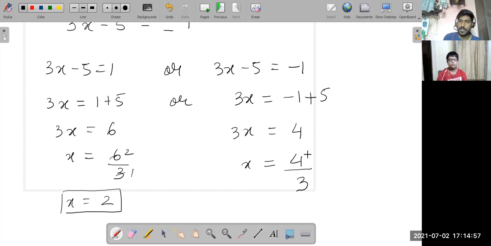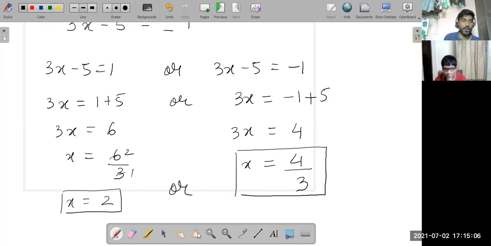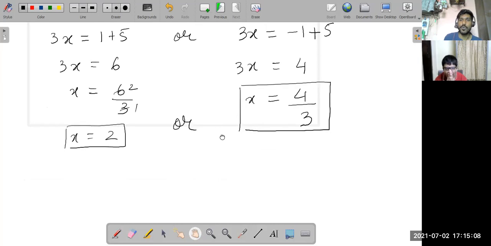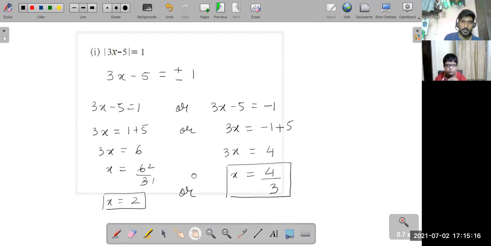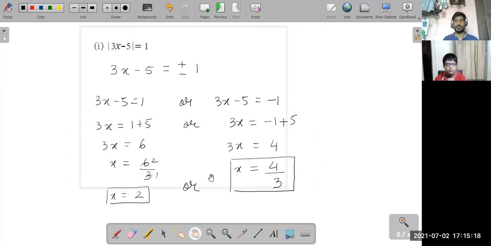Now this 4 cannot be divided by 3, so we'll leave it as a fraction. So x is equal to 2, or x is equal to 4 by 3 is the solution. Did you understand this? Okay. Yes, sir. Go through the sum and then write it down.